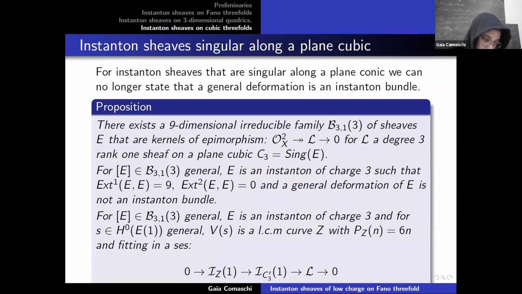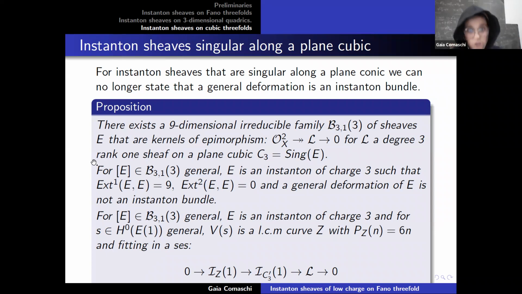So, when we study non-locally free instantons of charge 3, we meet the first example of a non-locally free instanton that does not deform to an instanton bundle. Indeed, when we look at instantons that are supported on an elliptic cubic, we have the following. We have the existence of a 9-dimensional irreducible family of sheaves that are singular along a plane cubic C3 and that are kernels of epimorphisms of this form, where L is a degree 3 rank 1 sheaf on the plane cubic C3.